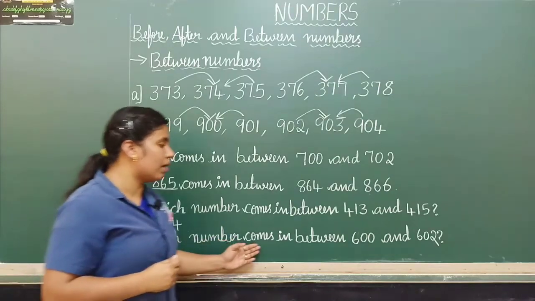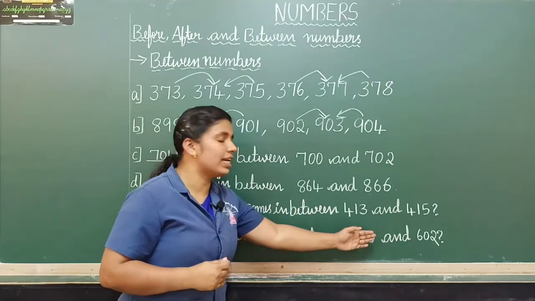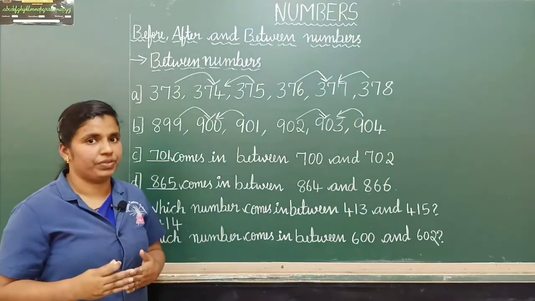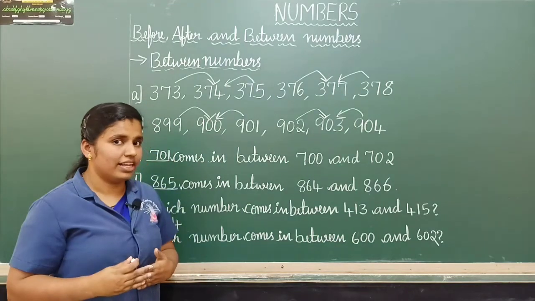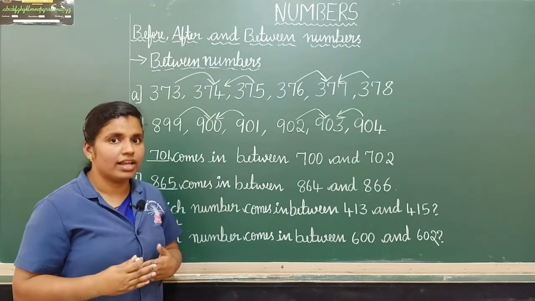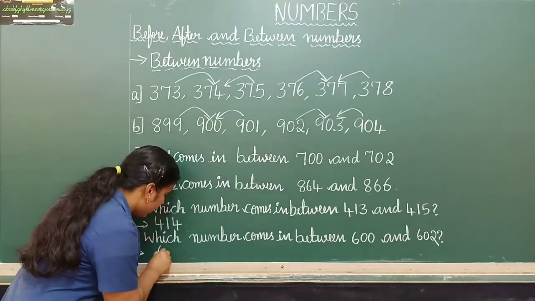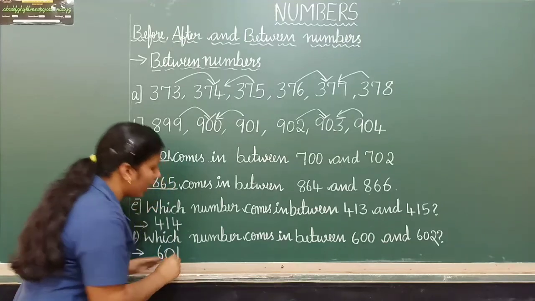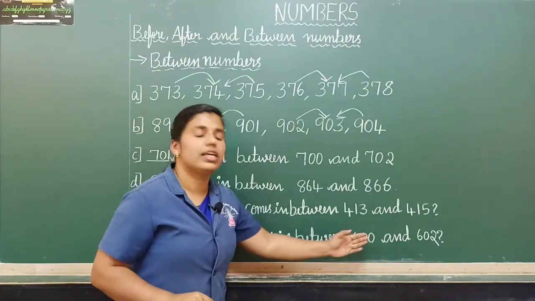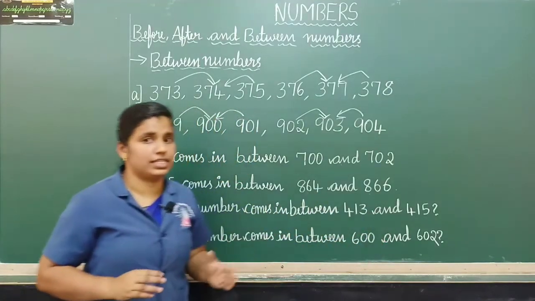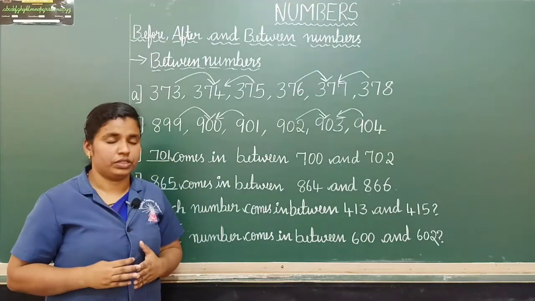Which number comes in between 600 and 602? 600, 601, 602. So you know that 601 comes in between 600 and 602.